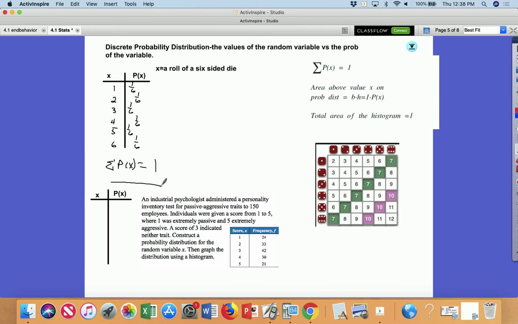Okay, so let's do this now. Let's make a visual display of this guy. Let's go ahead and make a histogram. So on your horizontal axis, put X. On your vertical axis, put the probability of X. And then let's list, for this problem, each of the values of the random variable.